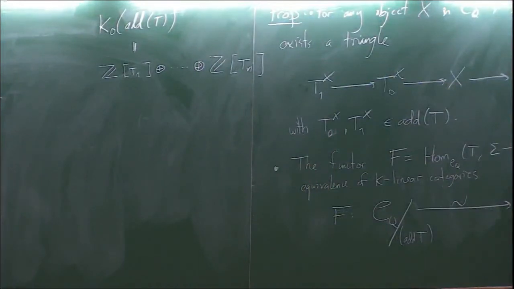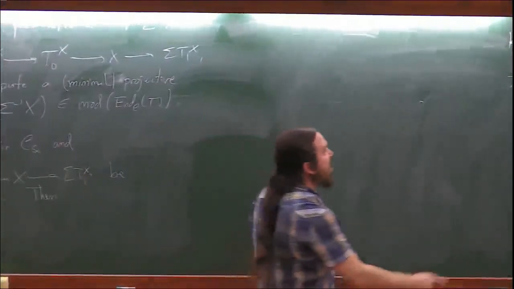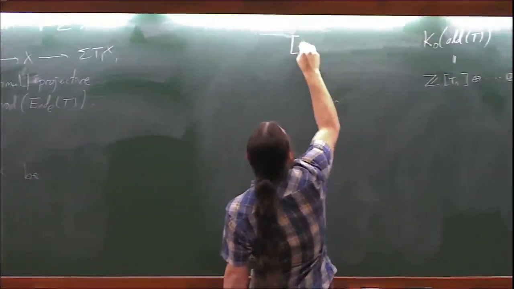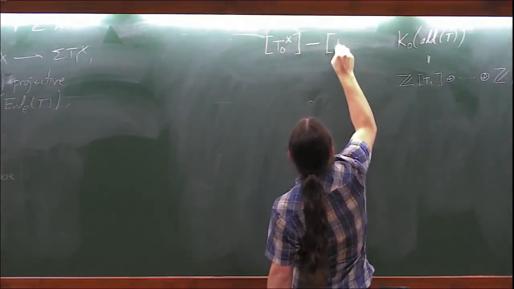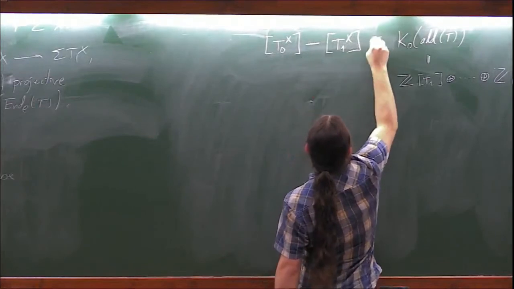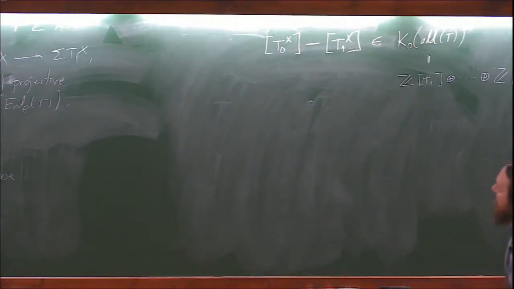And what will it be? So if you take the image of T0 of x in this Grothendieck group, and you subtract the image of T1 of x, then this doesn't depend on the triangle that you've chosen.